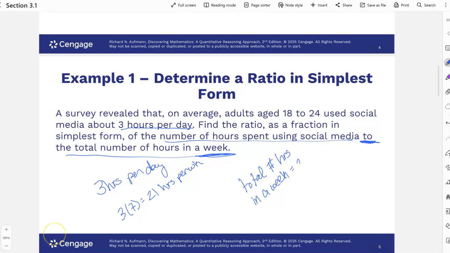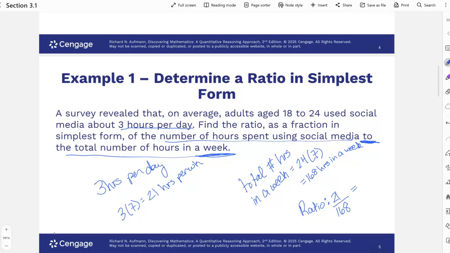We know there's 24 hours in a day times 7 days a week. So if I multiply 24 times 7, that gives me 168 hours in a week. So then my ratio would be 21 to 168.